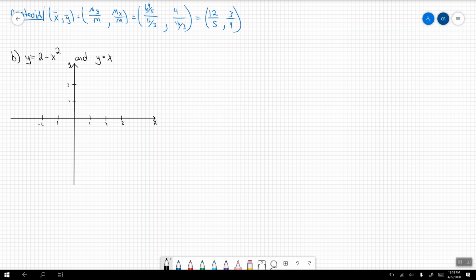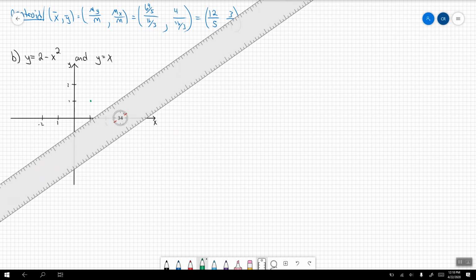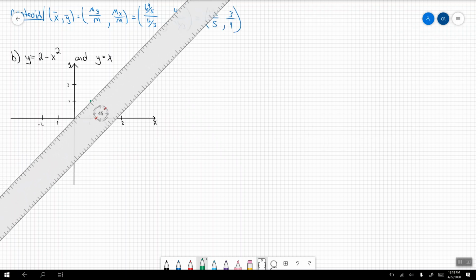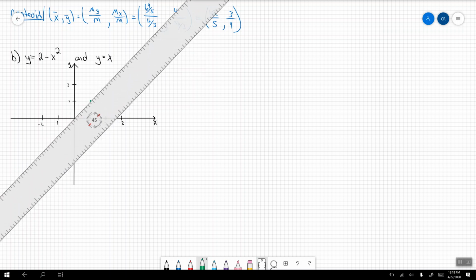Okay, here we go. So what I'm going to do is graph y is equal to x first. That way I can see what y is equal to x is doing in comparison to my function, and it gets me a little more insight, getting all this done quicker. Stop moving. There we go.